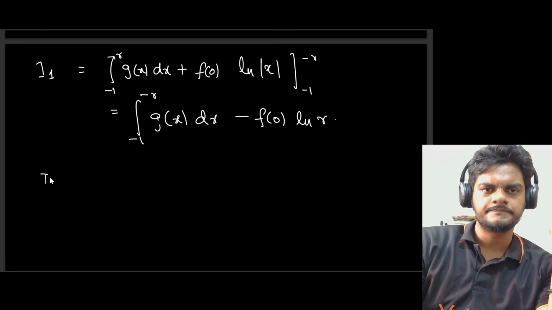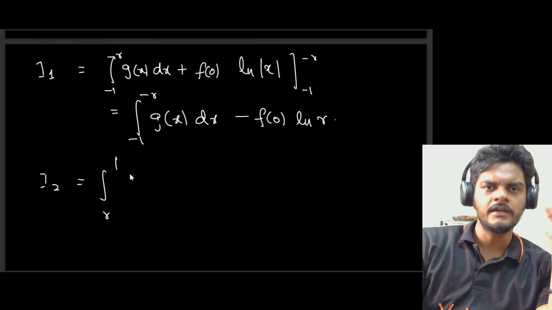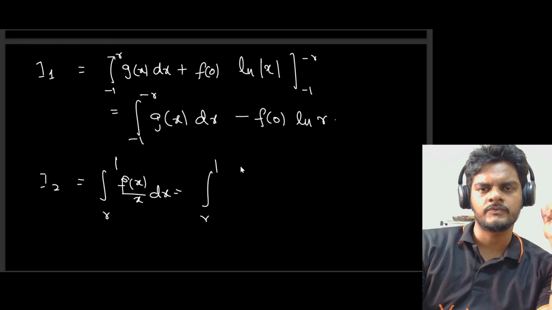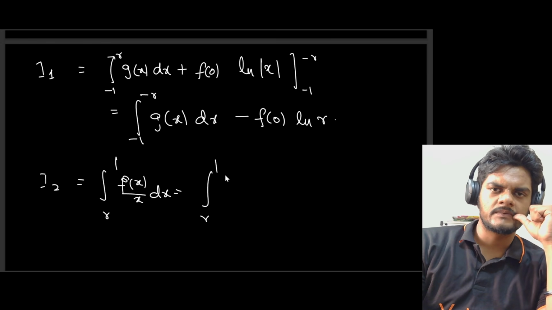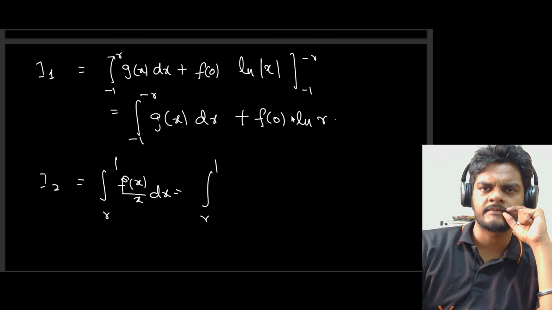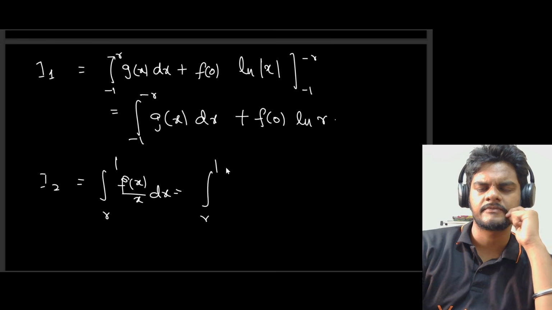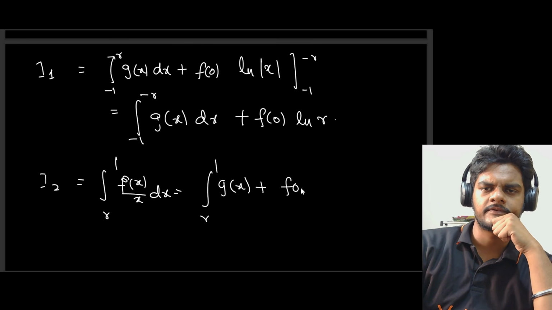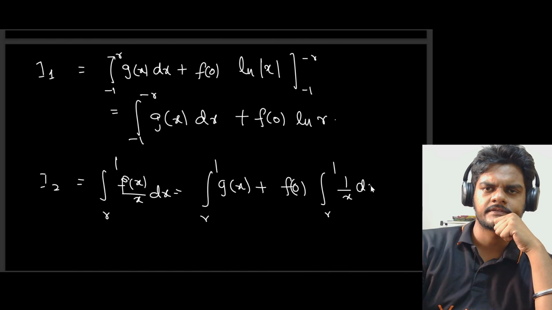What is part 2? Part 2 is integral from r to 1 f of x by x dx. Okay, wait. I don't think it will be minus. It will be plus only. There's no minus. Integral r to 1 g of x plus f of 0 r to 1 1 by x dx.